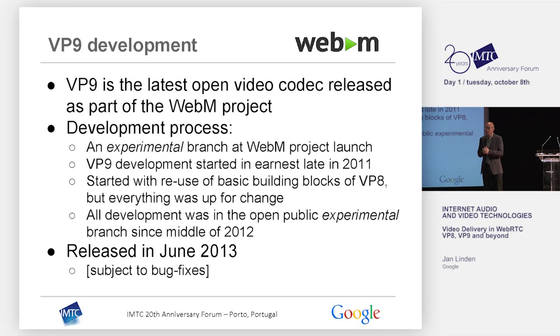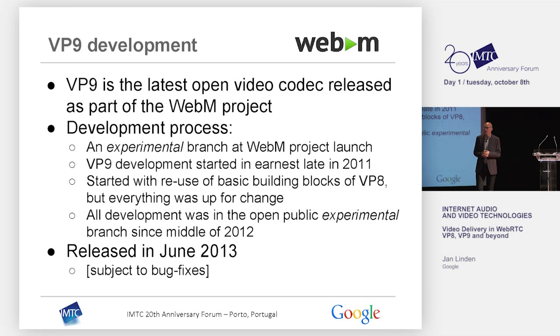So VP9, how do we develop it in the WebM project? The way we do it is we have an experimental branch, and that was opened at the same time as we open sourced VP8 and launched that. There anybody can contribute, and there have been a lot of ideas and contributions from others than us into that branch.